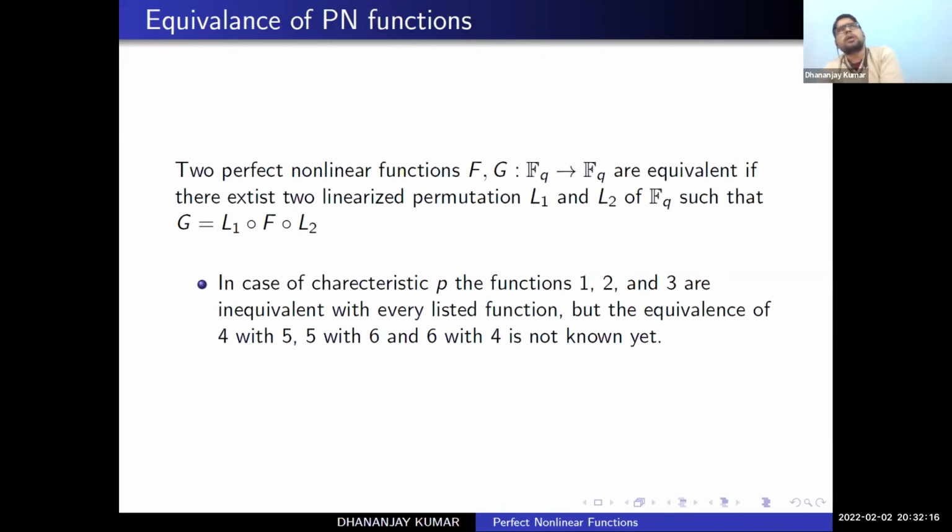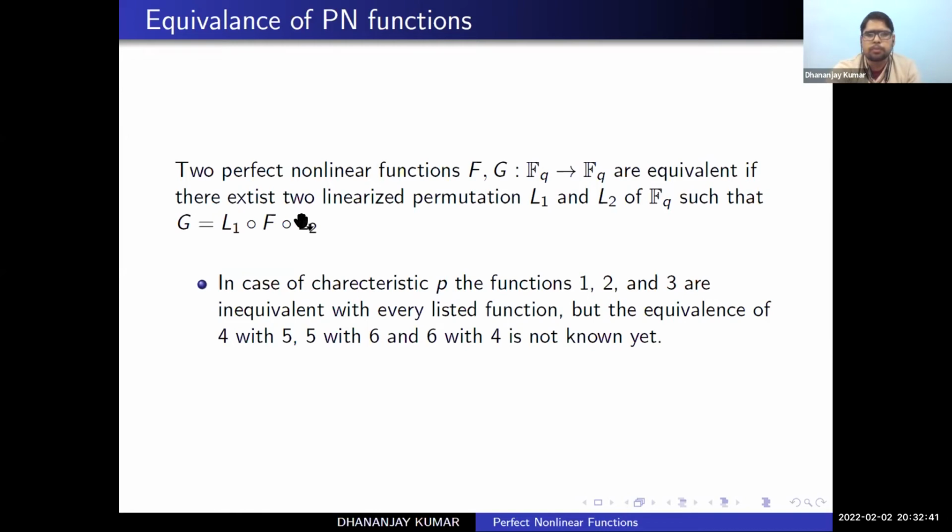Next, talking about the equivalence of perfect nonlinear functions, two perfect nonlinear functions f and g from finite field F_q to F_q are equivalent if there exist two linearized permutations L1 and L2 of F_q such that g is equal to L1 composition f composition L2.